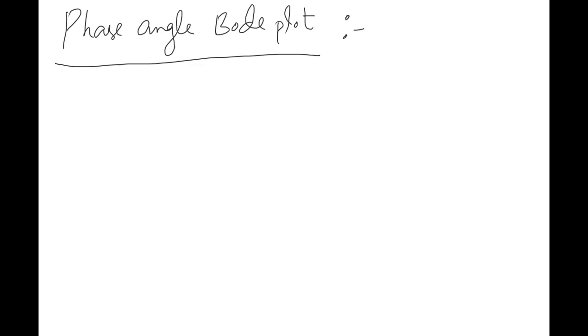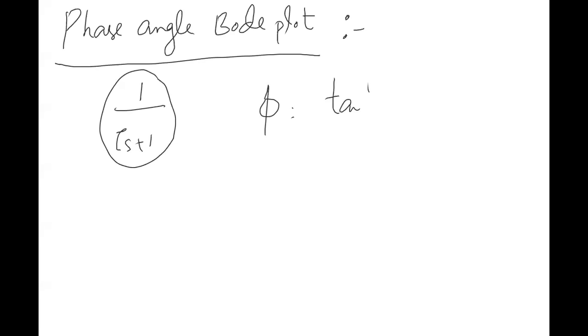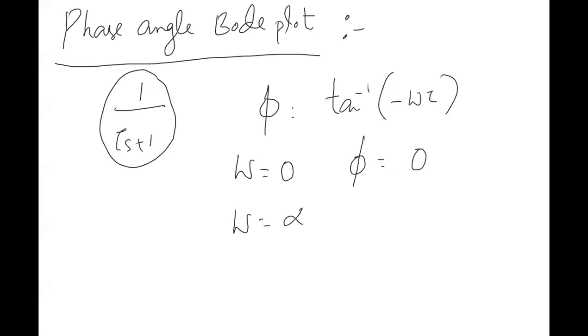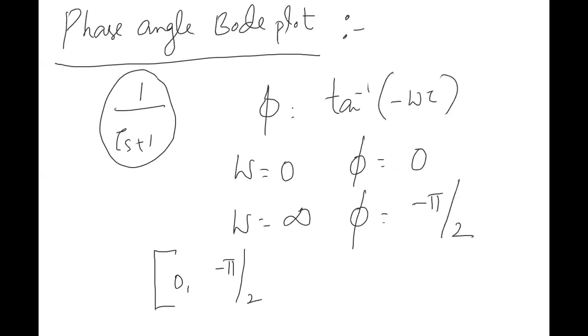Let's start with a simple one: 1 by tau s plus 1. What is the phase angle? Tan inverse of minus omega tau. So what are the limits? When omega is equal to 0, tan inverse of 0 is 0. When omega is infinity, the phase angle is minus pi by 2. So the limits of phase angle are 0 to minus pi by 2.